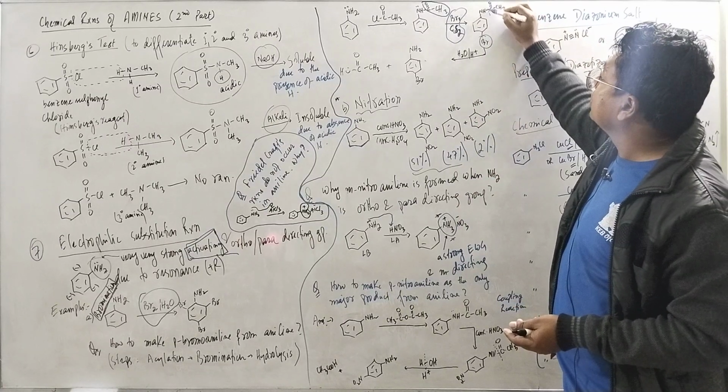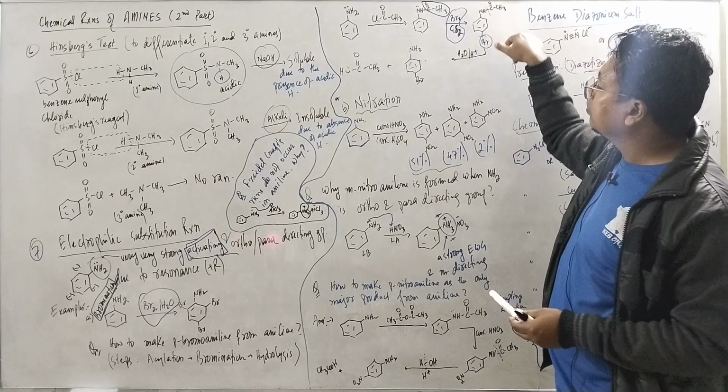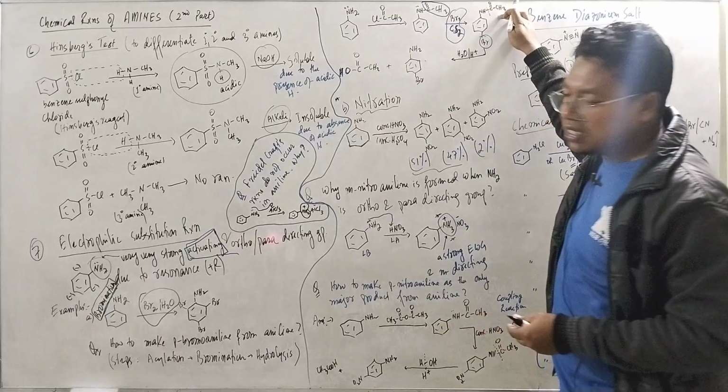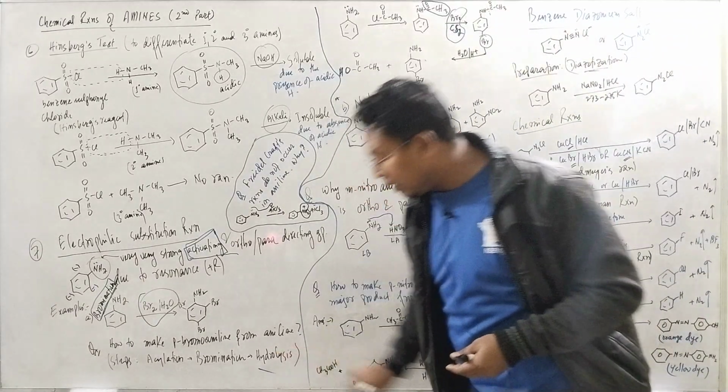Now we need to remove the acyl group. So to remove that acyl part, we need to do hydrolysis. The last step is hydrolysis.